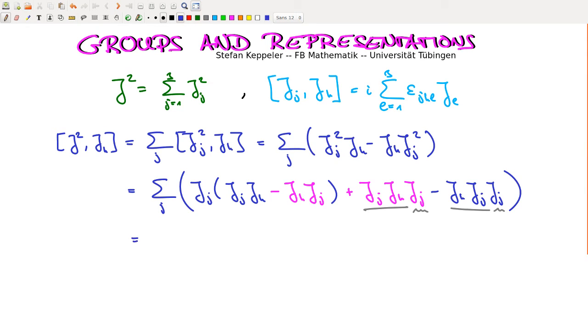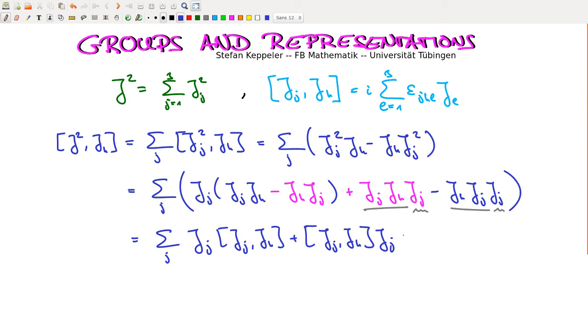So we can really write this as sum over j, J_j times the commutator of J_k with J_j, plus the commutator of J_j with J_k times J_j.